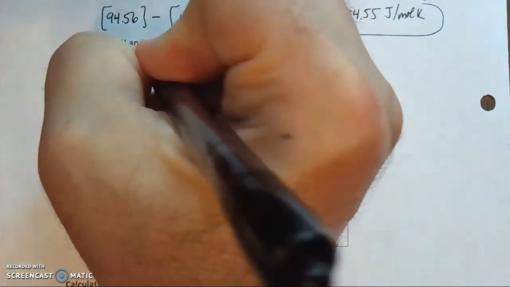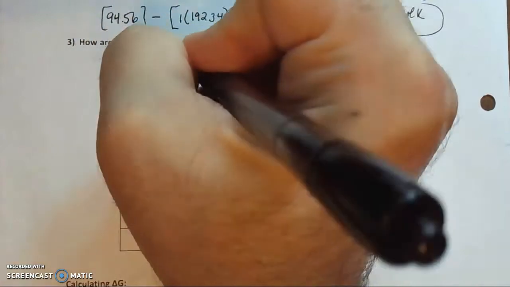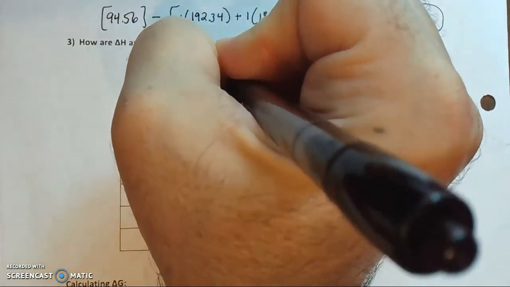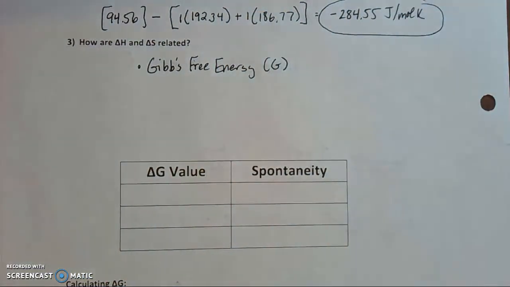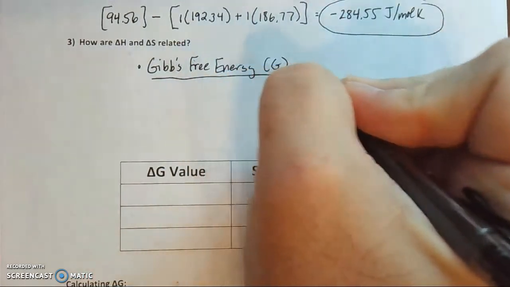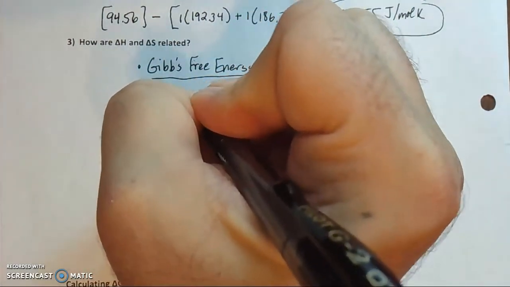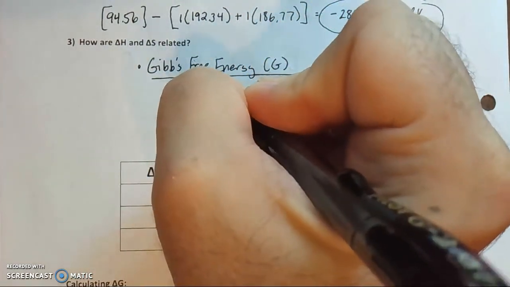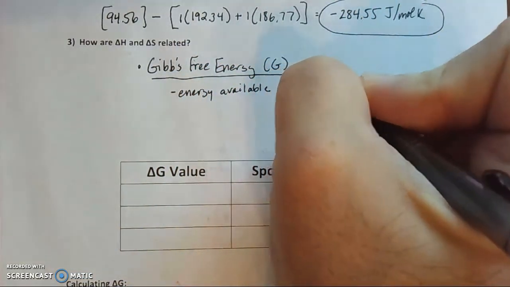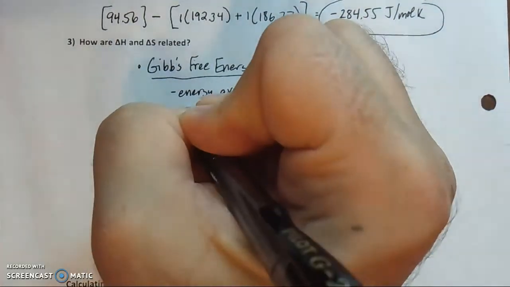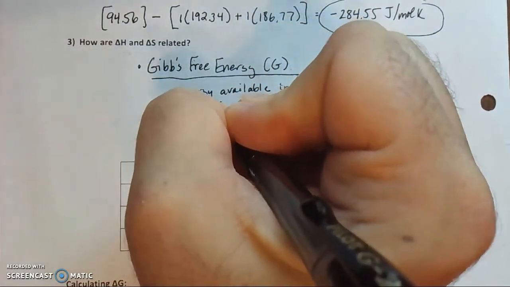And this is called Gibbs free energy, and its symbol is a capital G. You might have seen this. It's the last column in your purple thermodynamics packet. What this is defined as is the energy available in a system to do useful work.